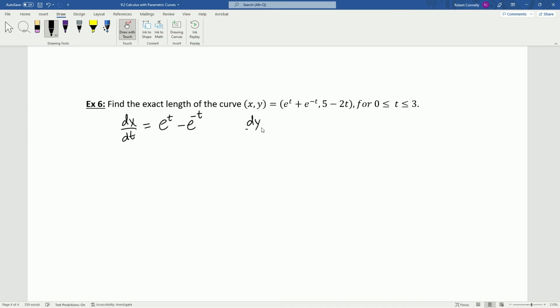And dy/dt, that's just going to be negative 2. Now L is going to be the integral from 0 to 3 of the square root of (e to the t minus e to the negative t) squared plus (negative 2) squared dt.